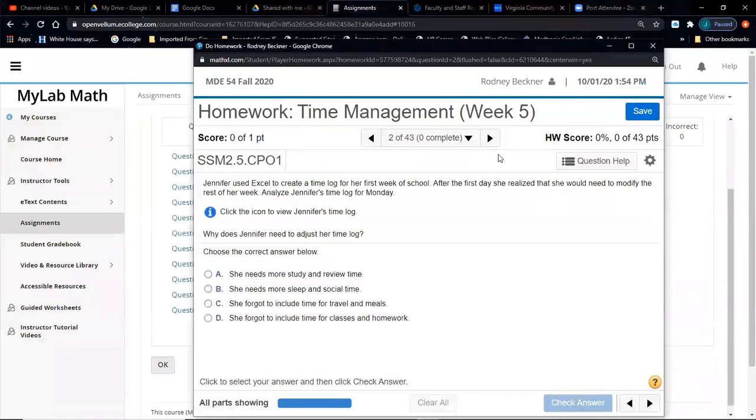Jennifer used Excel to create a time log for her first week of school. After the first day, she realized that she would need to modify the rest of her week. Boy, that is definitely something that's going to happen if you make yourself a schedule, especially if it's the first or second or third time you ever made a schedule, or if you have kids or manage a lot of family members or 3 jobs, anything like that.